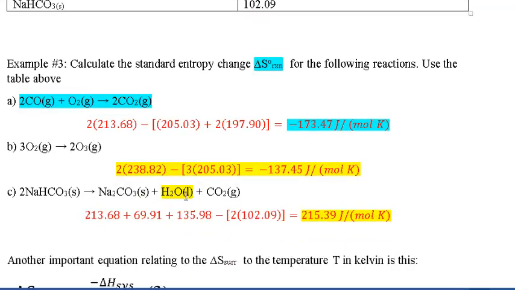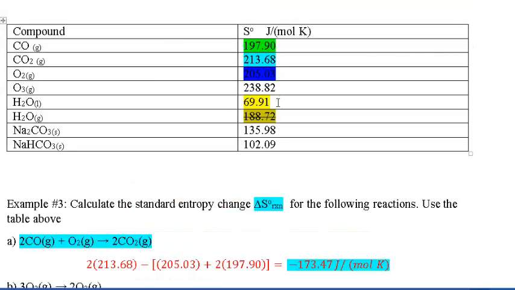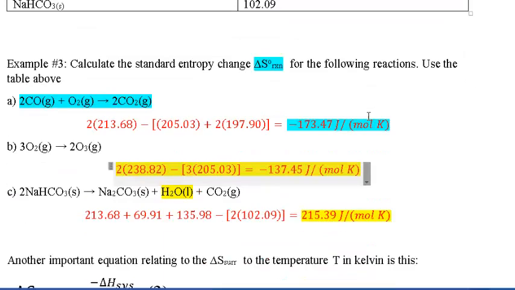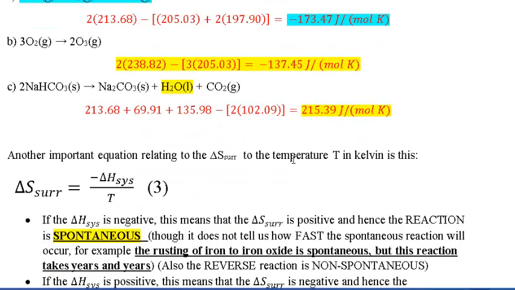This problem stipulates that H2O is in the liquid state, so you want to pick the value of H2O in the liquid state for its entropy. Same situation as when you calculated enthalpy. There we determined whether it's exothermic or endothermic. Here we're determining whether the process is going more towards disorder or more towards order. Now here we have a reaction, part C, that's going towards more disorder. In A and B, we're generating more order as we go from reactants to products.